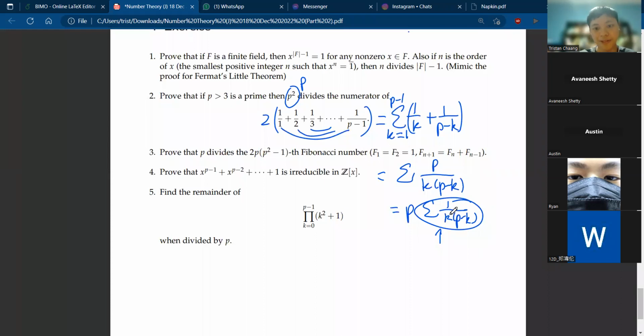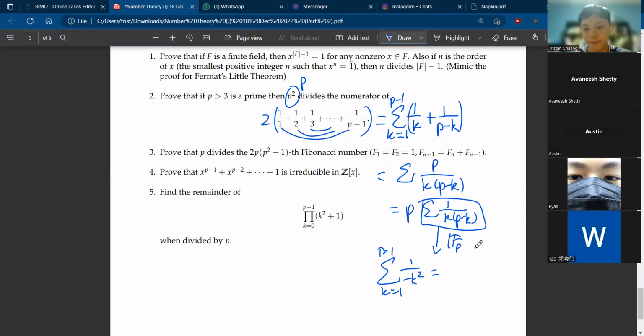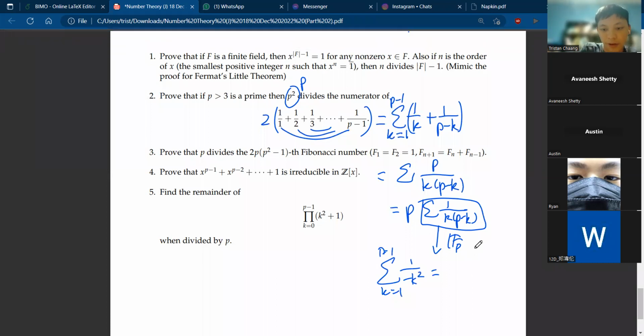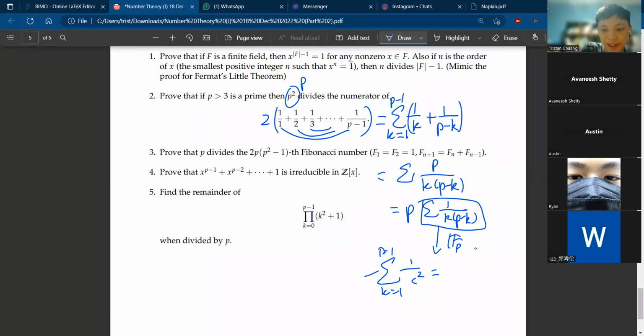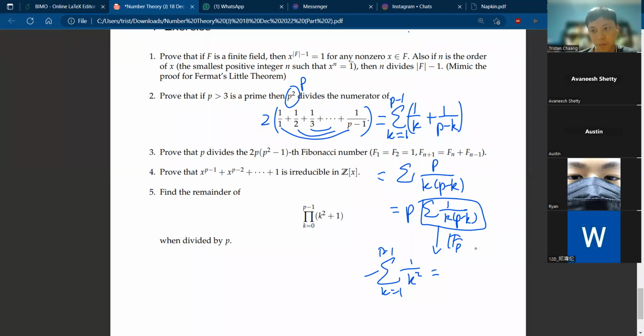And here we can bring it into F_p. This thing is equal to 1 over k times (p minus k), which is 1 over minus k squared, or I can just say minus 1 over k squared, because p is 0 mod p.